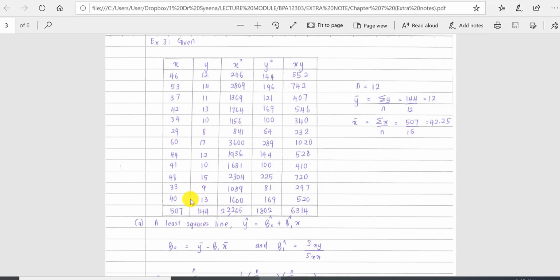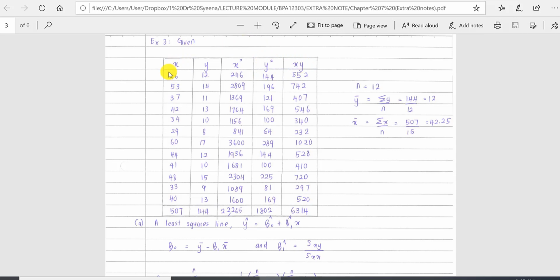The first step that you must do is to get the value of x squared. That means you add a column of x squared, add a column of y squared, and you must add the column for x times with the y.